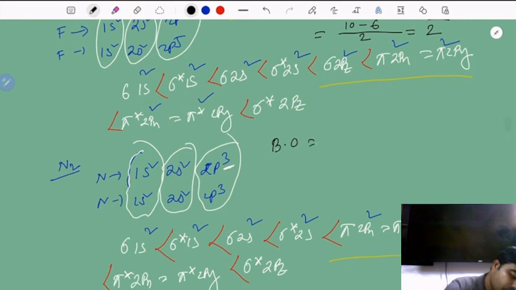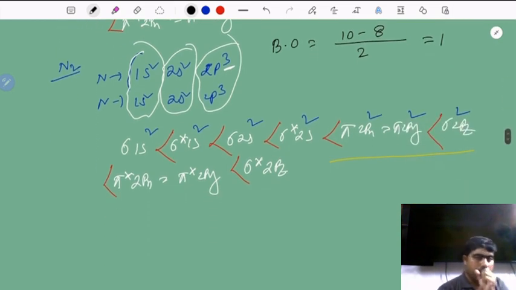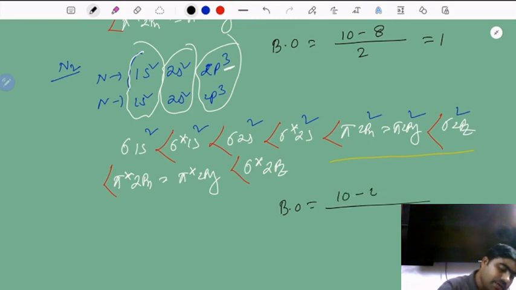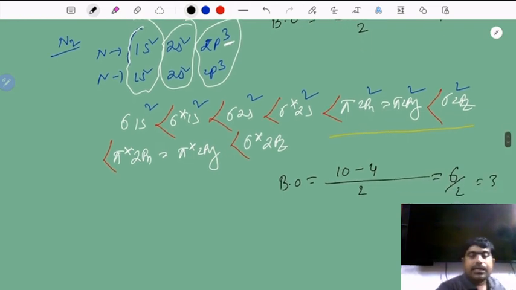Bond order equal to number of bonding electrons, similarly 2, 4, 6, 8, 10. 10 minus 8 divided by 2 equal to 1. For N2, the number of bonding electrons is 10 minus 4 by 2 equal to 6 by 2 equal to 3.